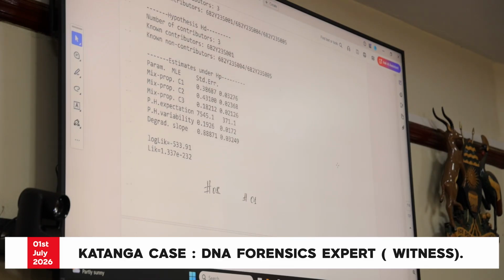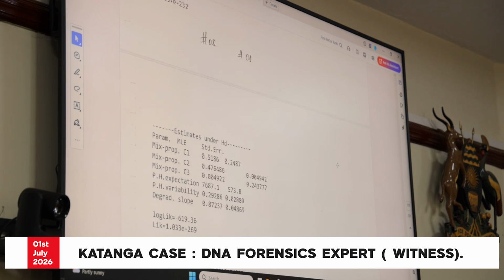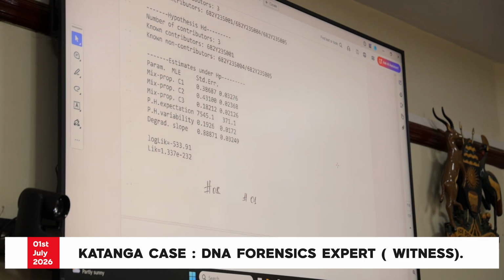This is it. So the two propositions the software considers: one we term HP, which is the prosecution hypothesis, and the latter being HD, which is the defence alternative. So from the prosecution hypothesis, the software has estimated that C1... Oh, I'm sorry.